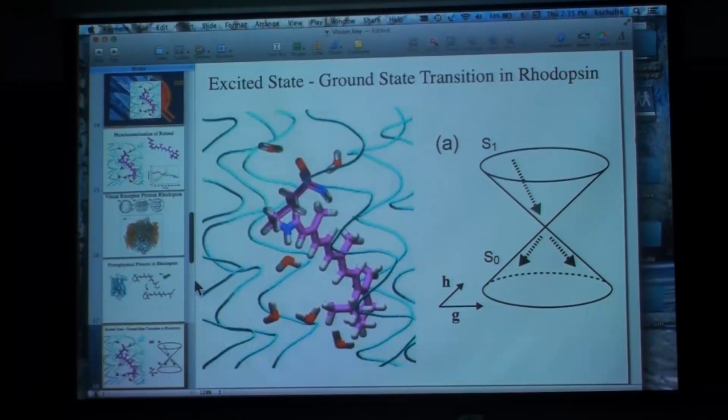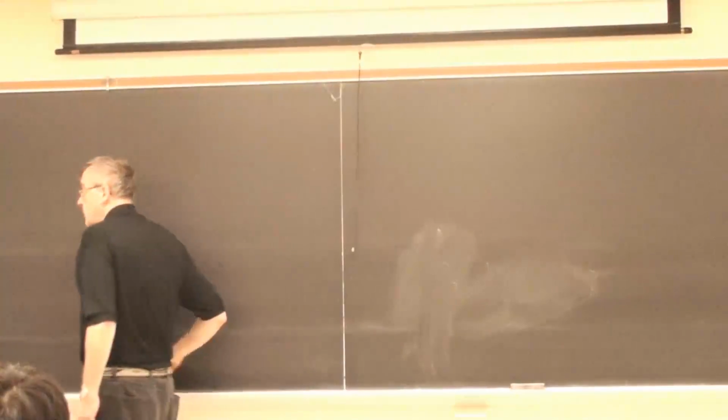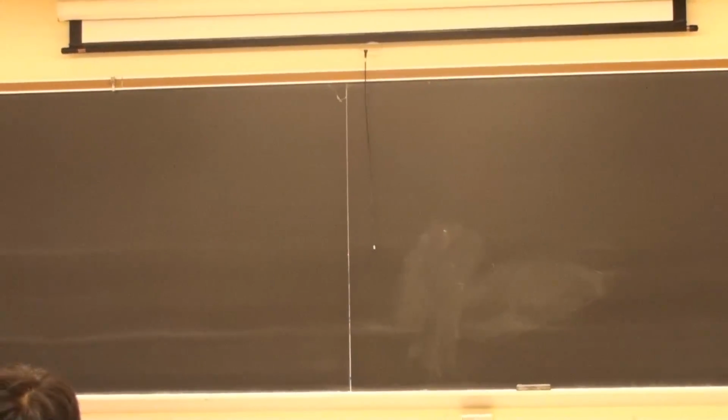So now I will turn this off for a while, and maybe somebody can turn on the light, and then we want to do a little physics here. So we are now in vision.